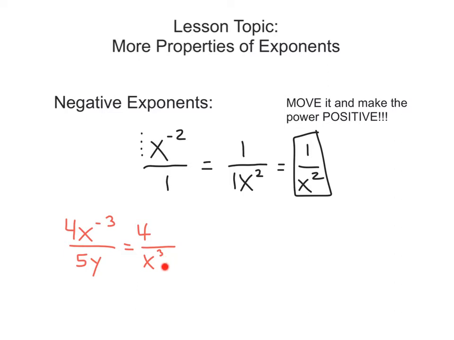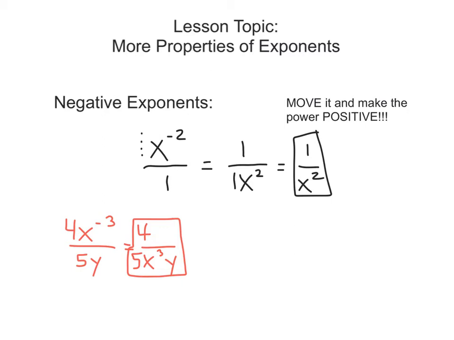You can put it behind it. It does not matter. I'm going to put it in the front. And now the y. The y doesn't have a negative exponent, so we keep it where it is. So here's our answer, you guys. Our answer is 4 over 5 times x to the 3rd times y. There's nothing else we can do to simplify this.